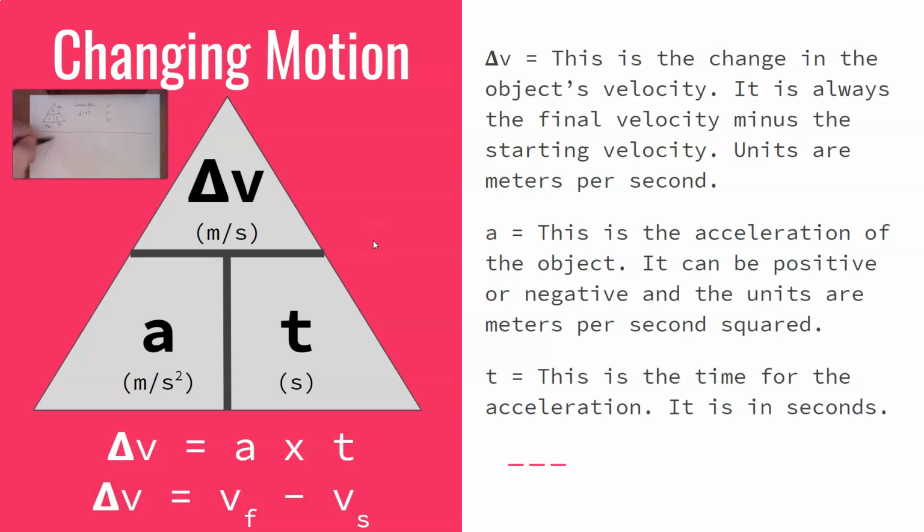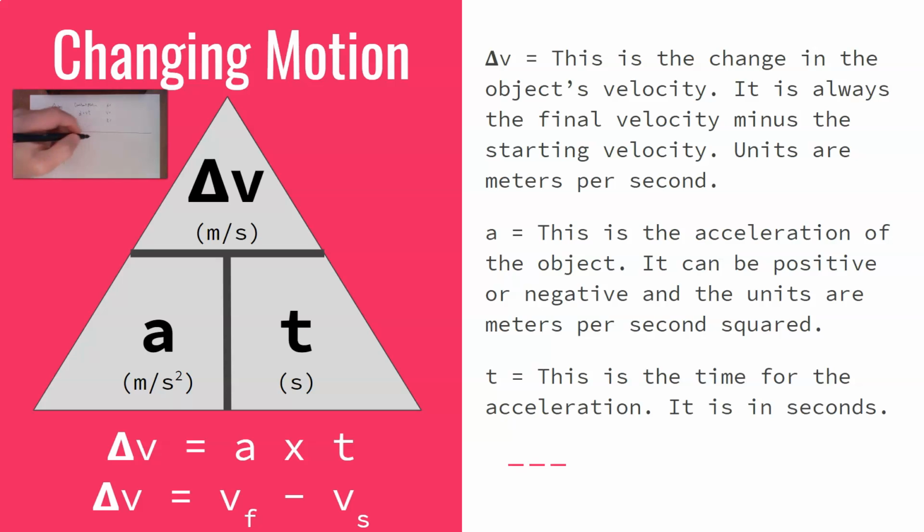So we're going to go ahead and put in a triangle. That's going to be triangle V, so that's a delta V. This is acceleration. This is time. And again, our units are going to be meters per second squared, and seconds squared.